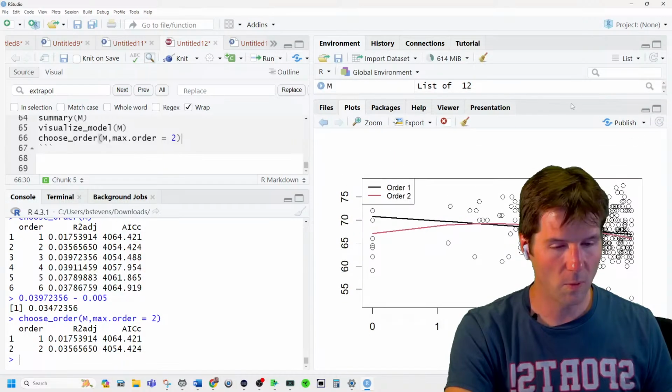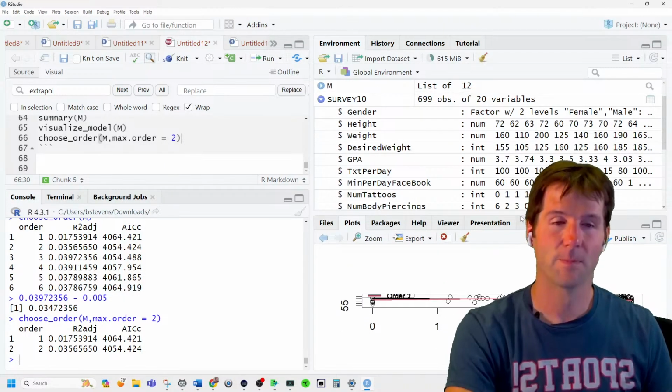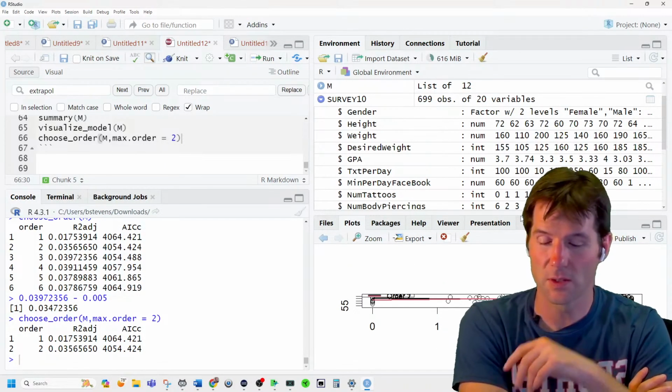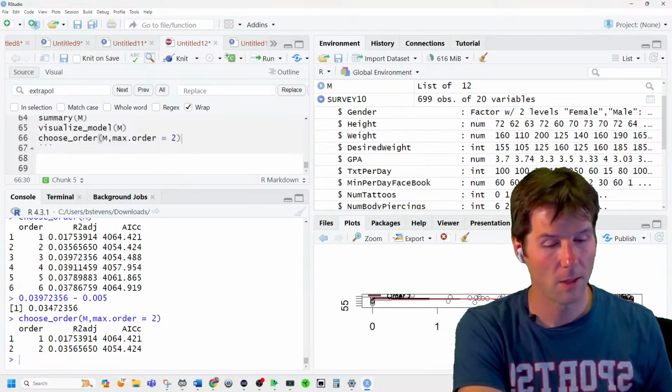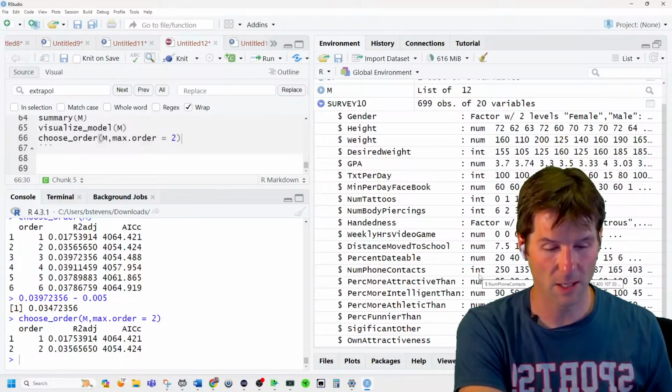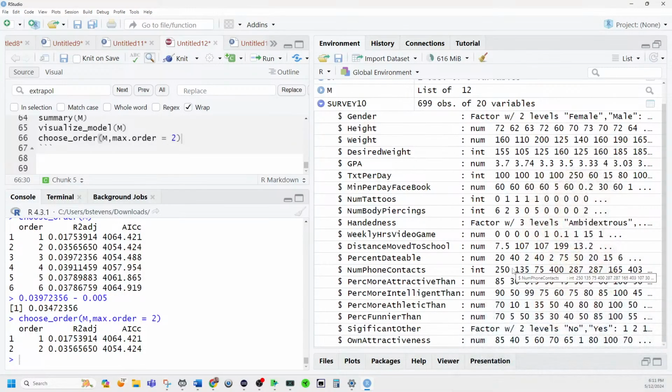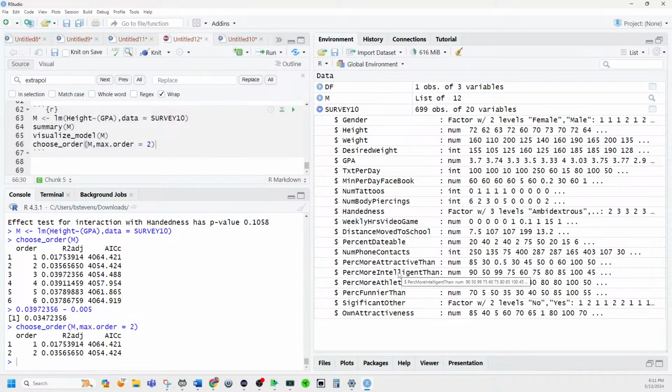So why do indicator variables exist? And how many indicator variables could be made from this data set?